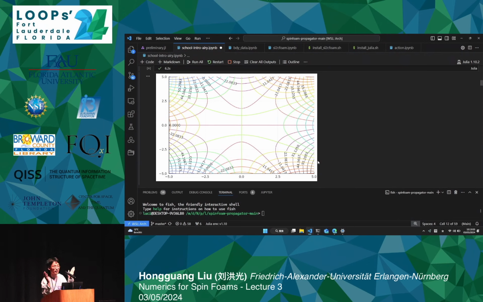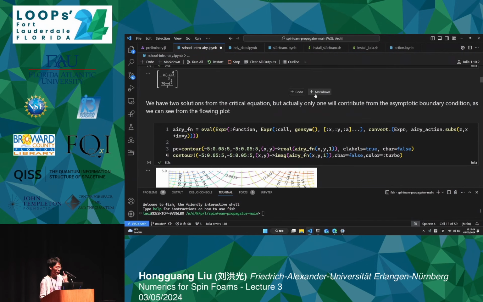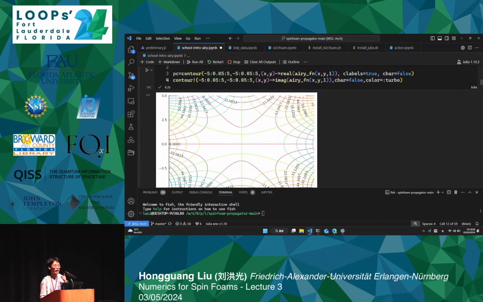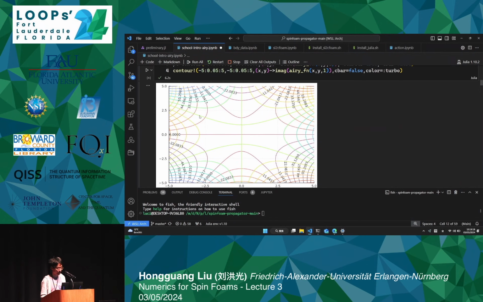It's the same homotopy class, deformed from the convergent region to the convergent region. So even though we have two complex critical points, only one is dominant. We don't need to consider the other one. This is good. We don't need to consider the weight for the Lefschetz thimbles, or in other words, the weight for this one is automatically 0. So only one thimble contributes, which is this one.